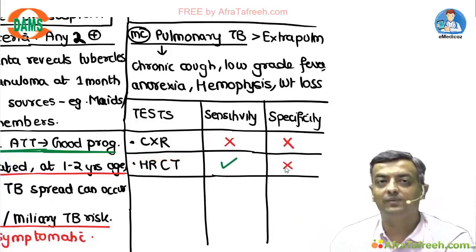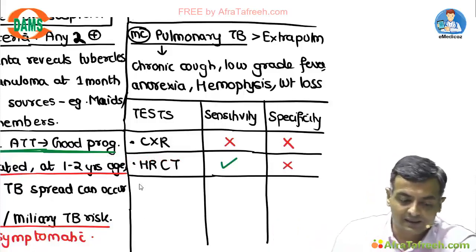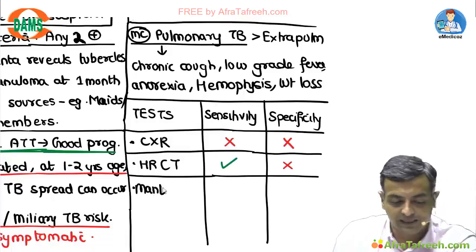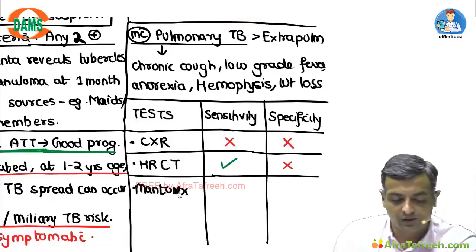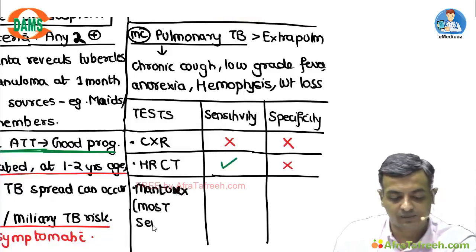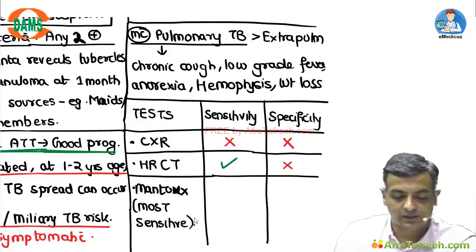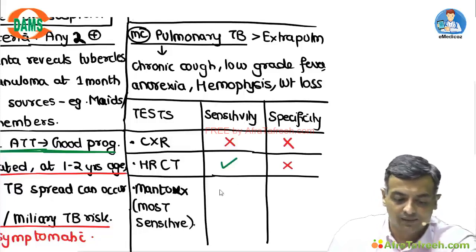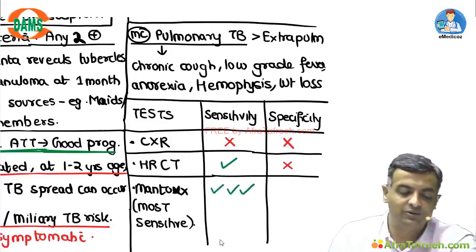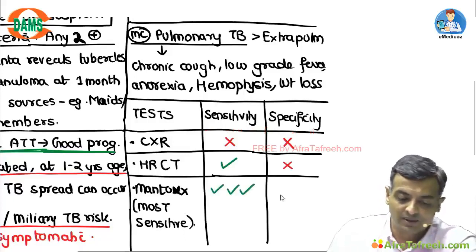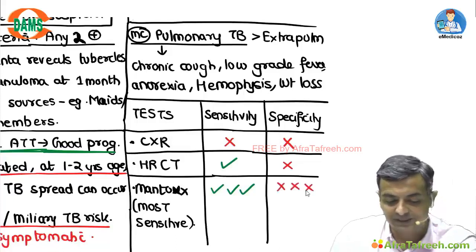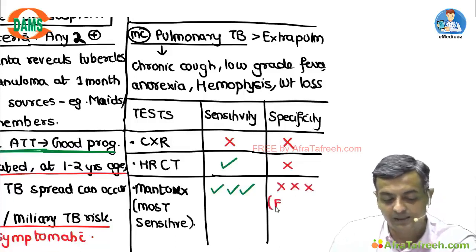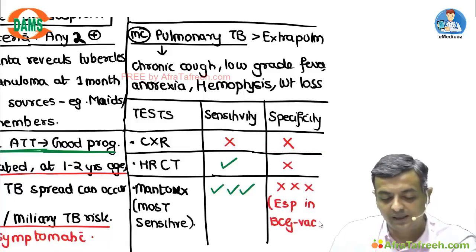So we can take help of other tests like the Mantoux test, the tuberculin test, which is the most sensitive test in practice, but it is also the least specific, especially in BCG vaccinated countries.